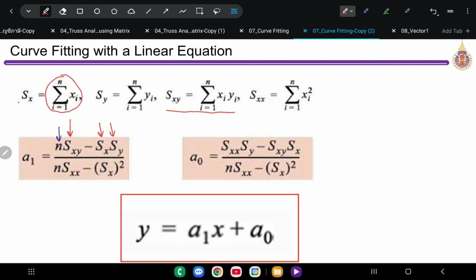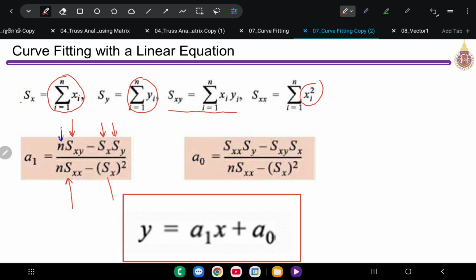Sx is the summation of x, and Sy is the summation of y. Sxx is the summation of x squared: you square x first and then sum all of them together. And you subtract Sx squared.